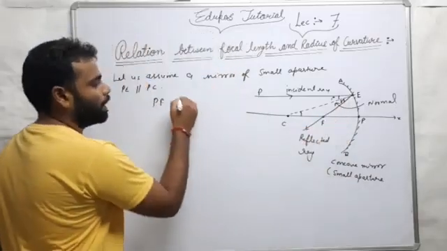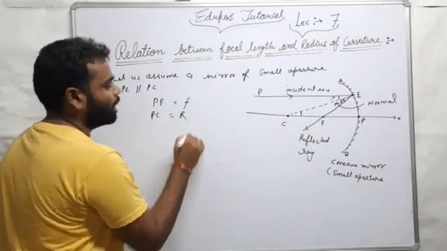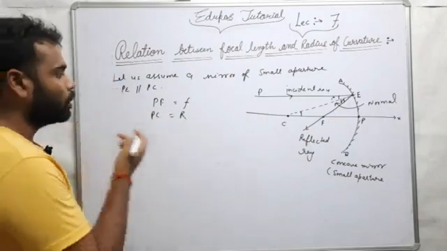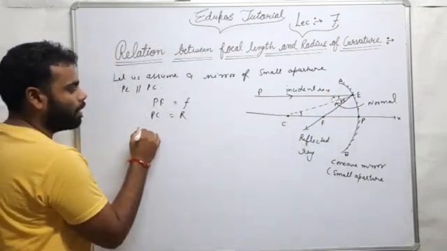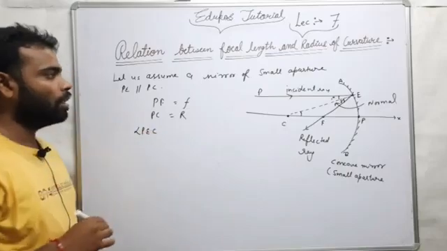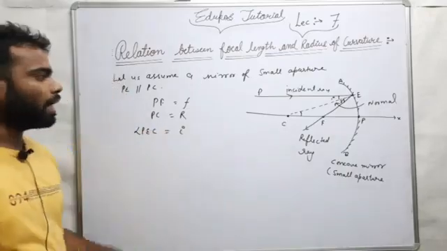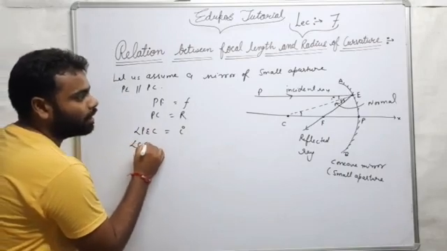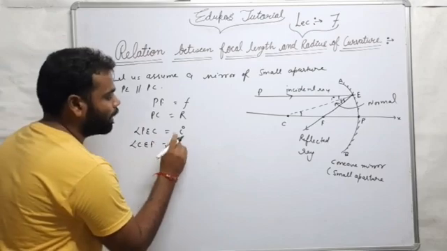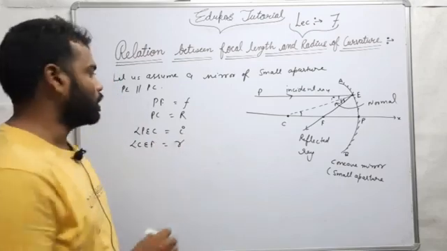So PF can be denoted by small f and PC can be denoted by capital R. So what is angle PEC? Angle PEC is the angle of incidence, equal to angle I, and angle CEF is equal to angle R, which is the angle of reflection.